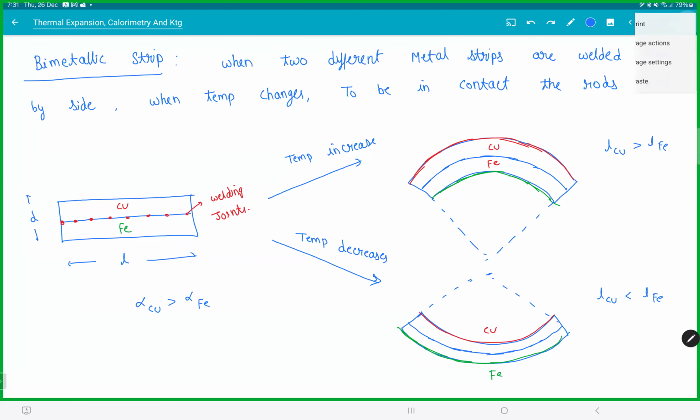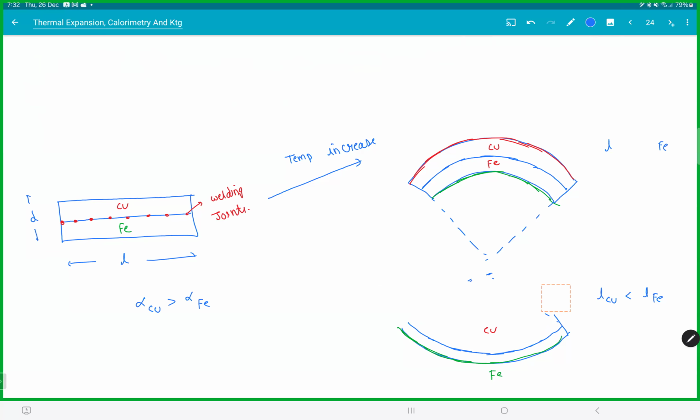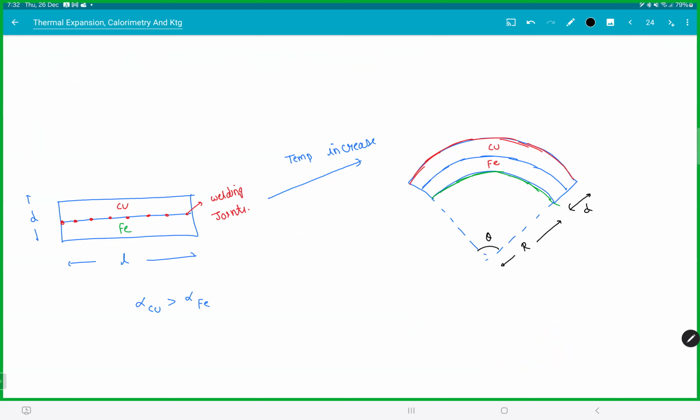See. So let's assume temperature increased. This angle will be theta. This will be radius. This will be d. We will consider L is much greater than d, because every layer will actually elongate different amounts. We want to neglect that. So this guy will be L into 1 plus alpha copper delta T, right?